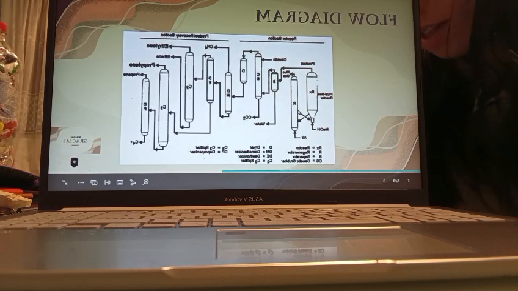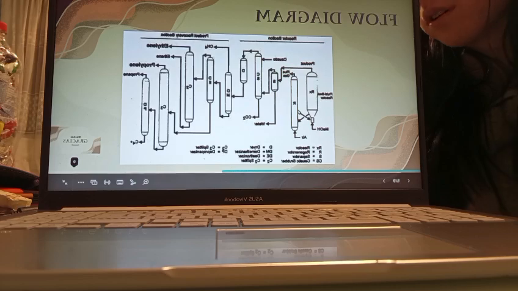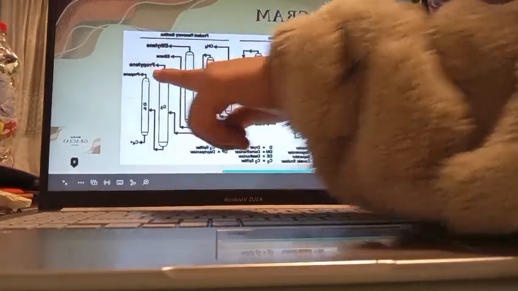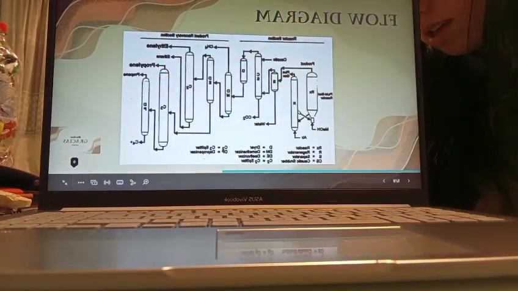These columns separate the products into methane, ethane, propane, and most importantly, high purity ethylene and propylene. Ethylene and propylene is the exit.